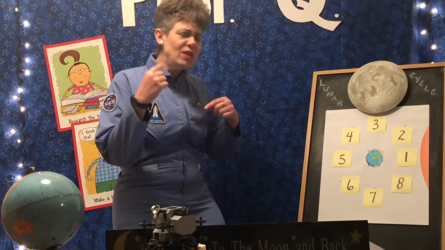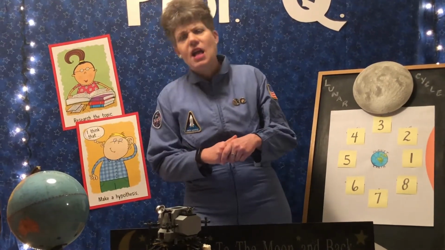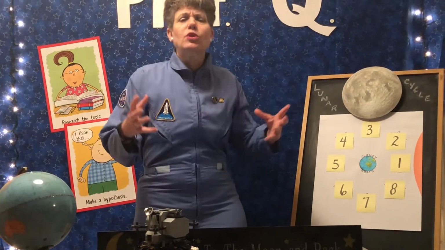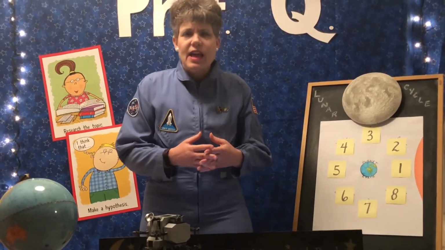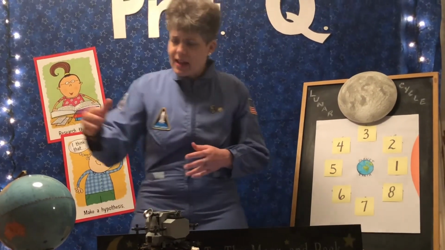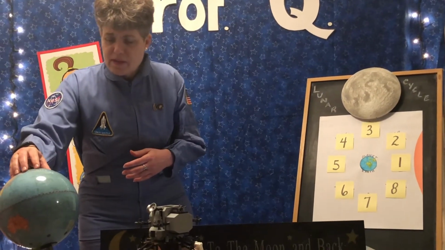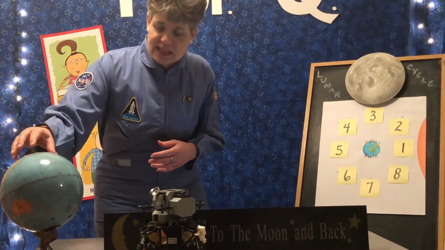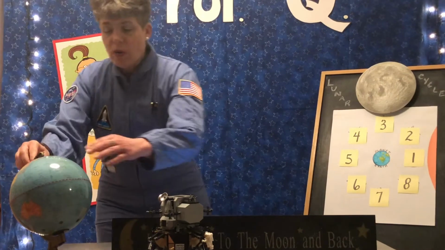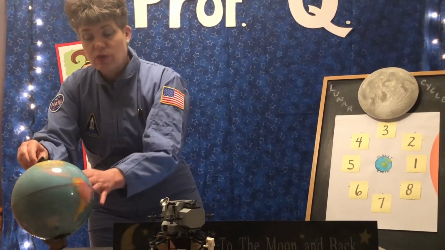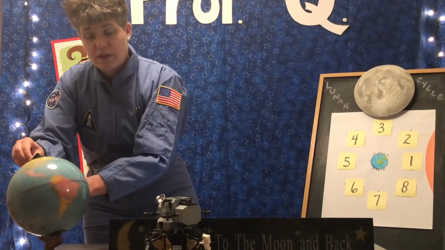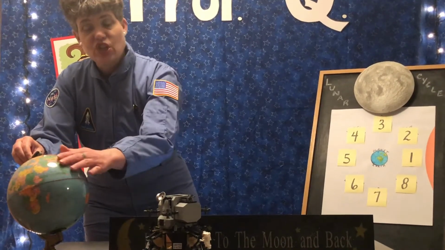Wonderful. Well, it's very important that we understand how we are moving within this solar system of ours. And one particular way to say it is that Earth, as we have a model here, is on its axis in a tilt. Now, when I spin or turn the Earth, what am I actually doing?